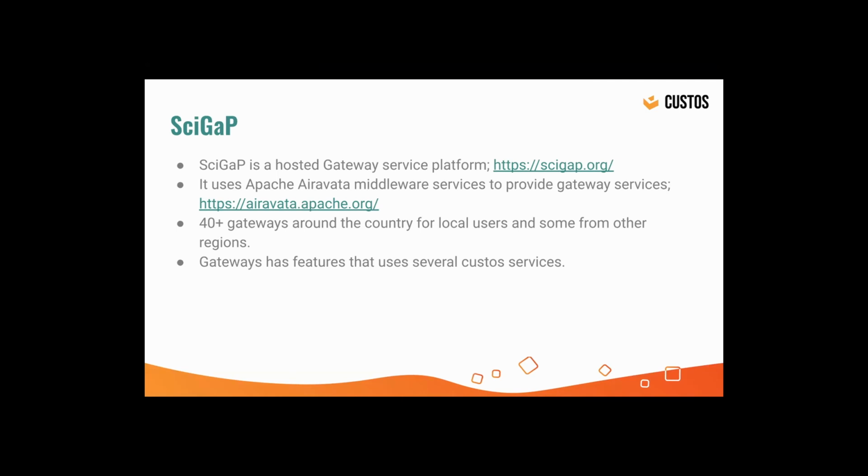So we listened to Isuru, and also the Galaxy team also spoke about how they use Custos services as well. So let me introduce myself. My name is Iroma, and I'm part of the cyber infrastructure CERT team at IU, Indiana University. I'm also managing the operations of a gateway platform called CyGap.